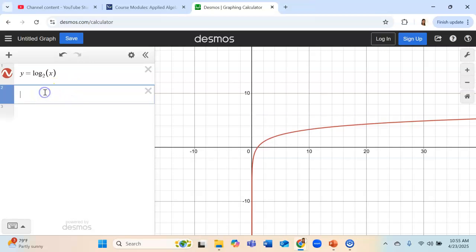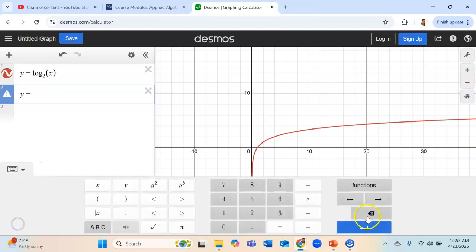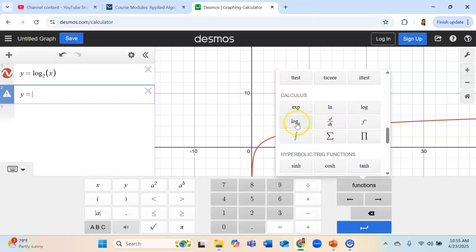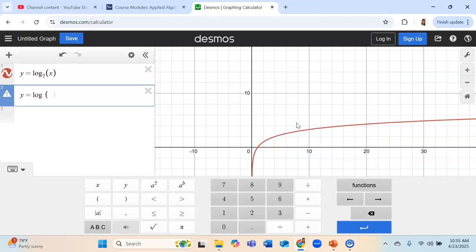So now let's tweak it and add, let's do x minus 1.